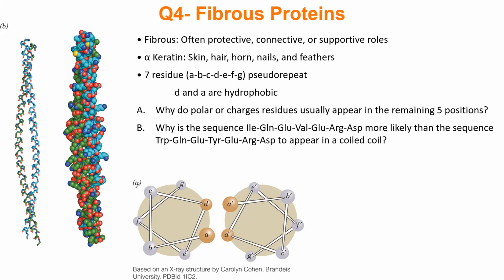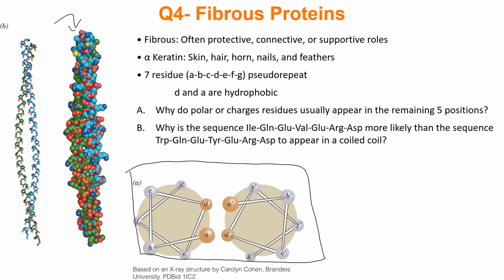So here we have an image of alpha keratin. Alpha keratin is 2 peptide chains coming together and wrapping around each other, which is shown here. We have a blue chain and a green chain.